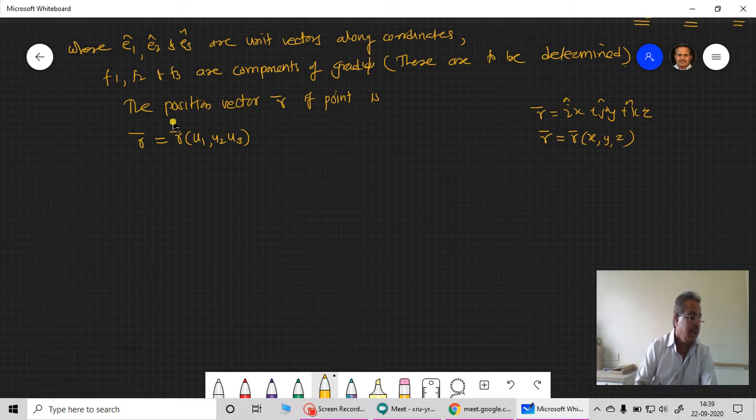Now the differential of r bar can be written this way.